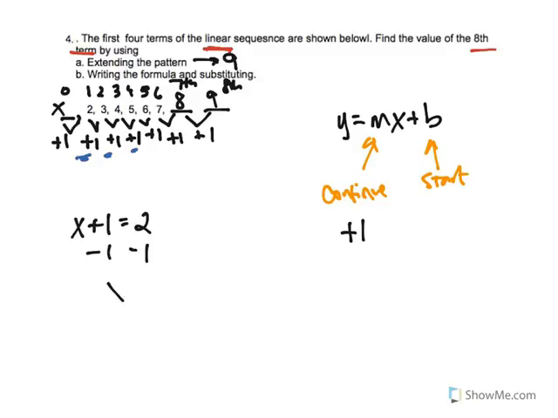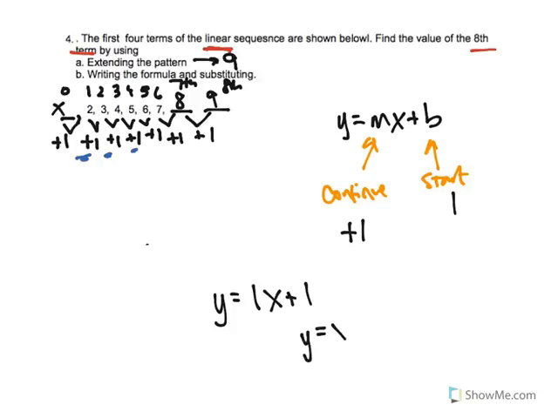Solve for x. I get x equals 1. So my 0 term is 1. So now we start at 1 and we continue by 1. So let's write our equation. Y equals 1x plus 1. That 1x becomes just a regular x. We get y equals x plus 1. Okay, so that was a linear pattern.